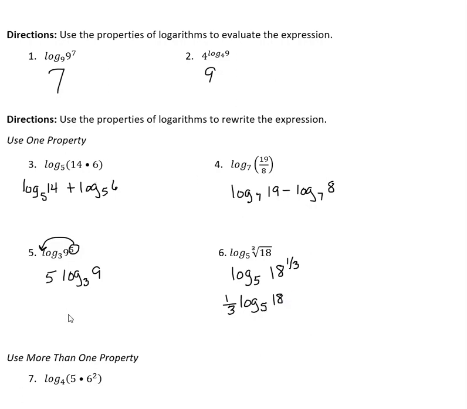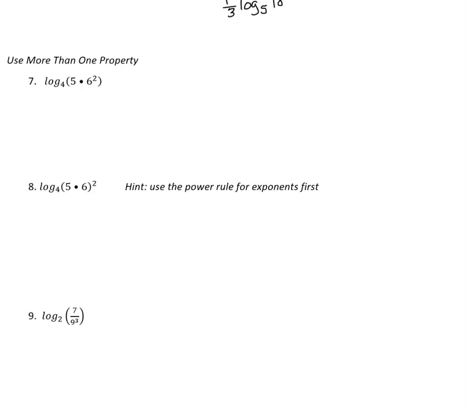So we're going to be using all 4 of these properties here to expand logarithms. So problem number 7, here I'm using more than one of these properties to expand this. So I'm going to first of all write this as the sum of 2 logs. So I have log of 5 plus the log of 6 squared, and both of those with the base of 4.